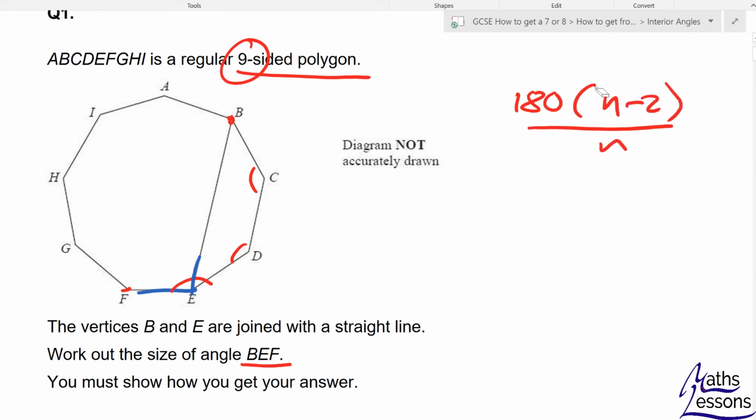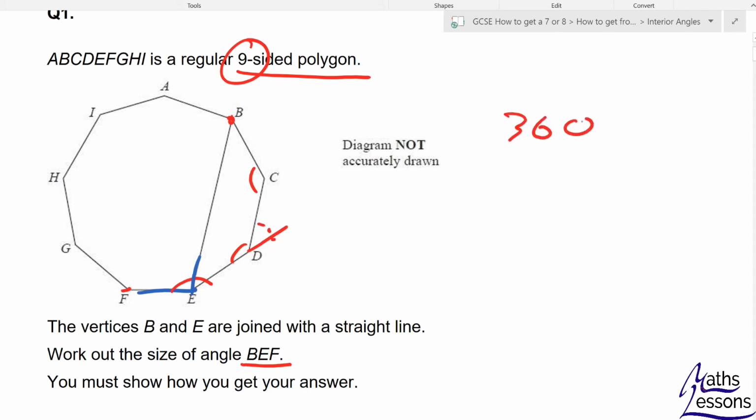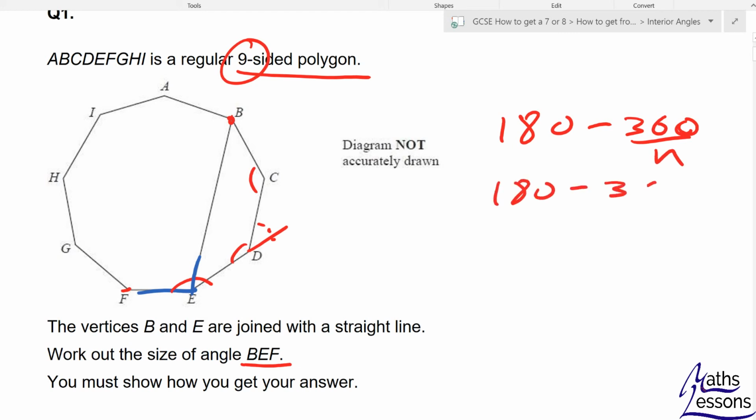My preferred way is to work out the exterior angle, 360 over n, and take it away from 180, so 180 minus 360 over n. That's my preferred method, especially for mental maths. So 180 minus 360 over 9, and 9 into 360 is 40. 40 away from 180 is 140. So each of these is going to be 140.